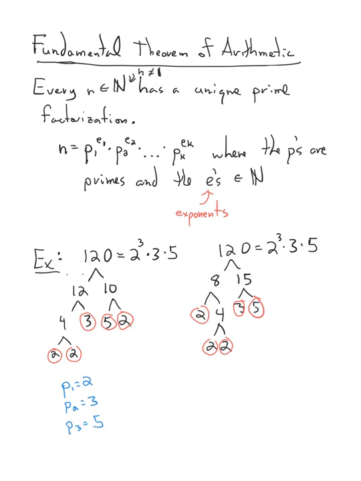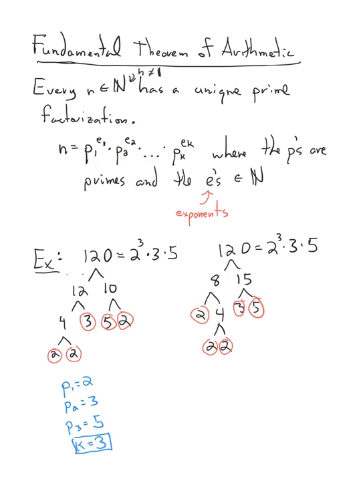So there are the 3 primes that make up 120. And I should say here, k is 3 because there are 3 primes: 2, 3, and 5. So we're going from p1, p2, p3.